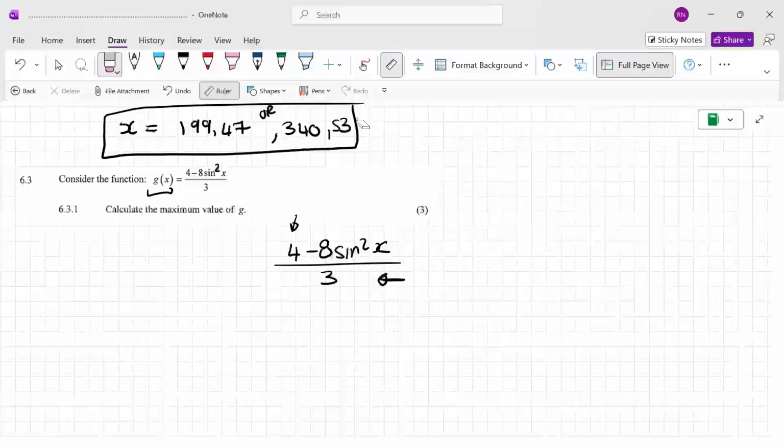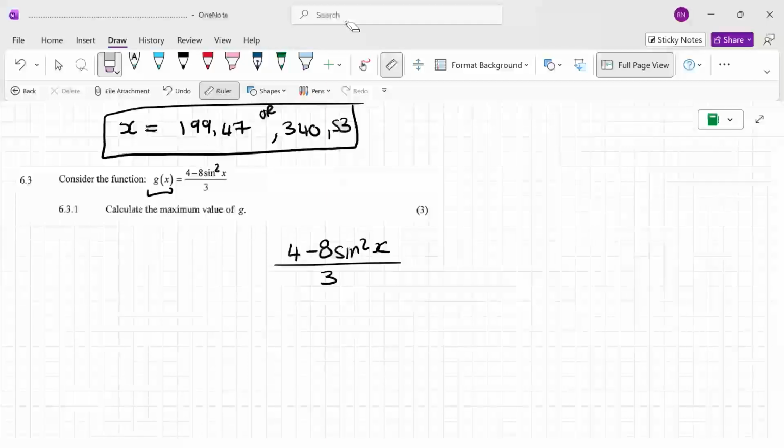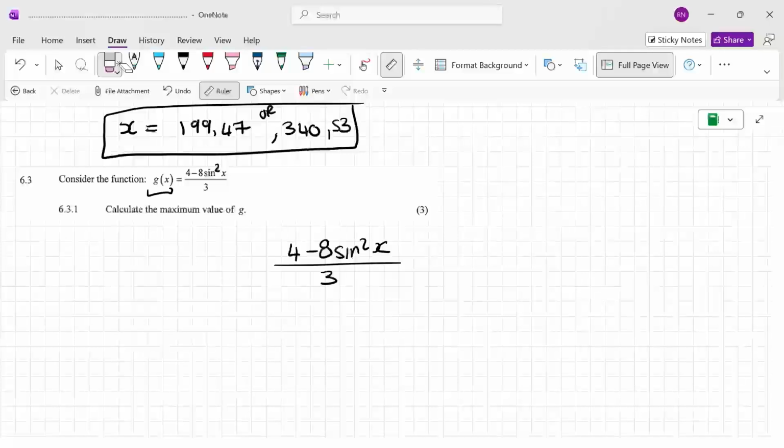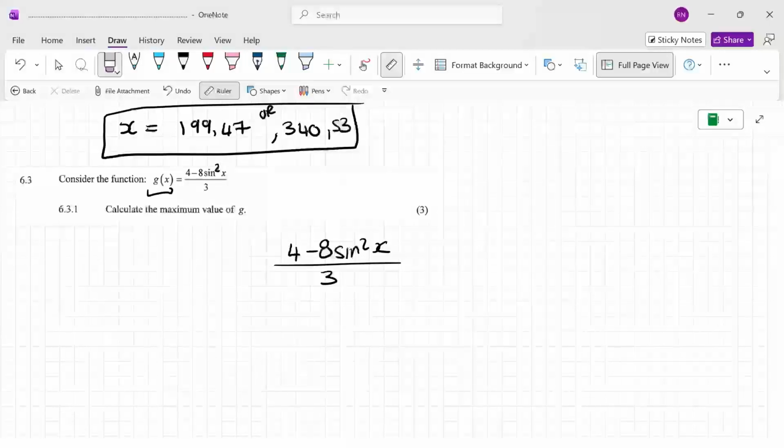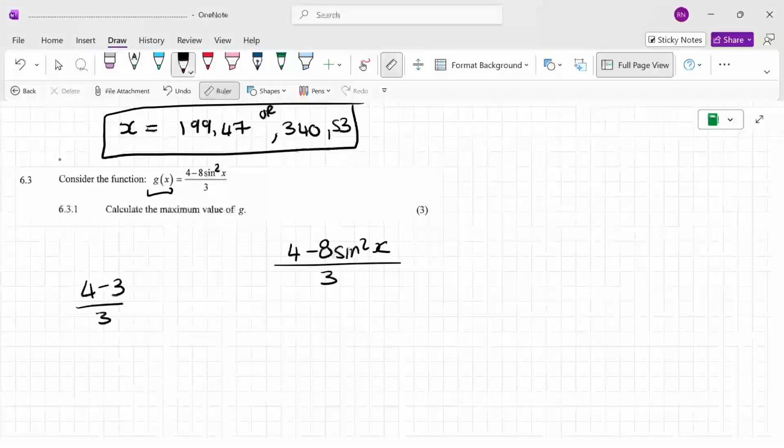What we can change is the sine squared x. We can change that to be something so small that it's not taking away from this 4. So if I have 4 minus 3 over 3, that's going to give me 1 over 3, which is going to be so small.